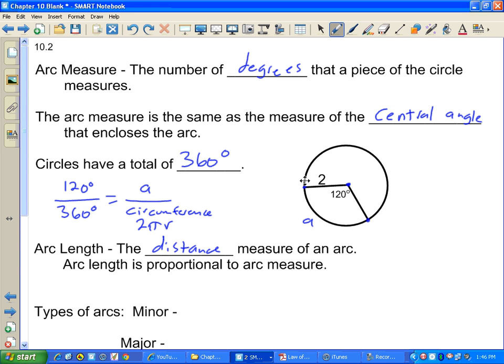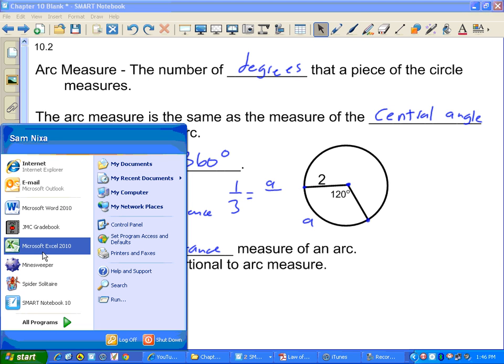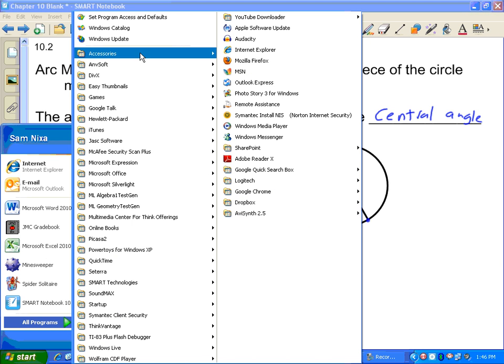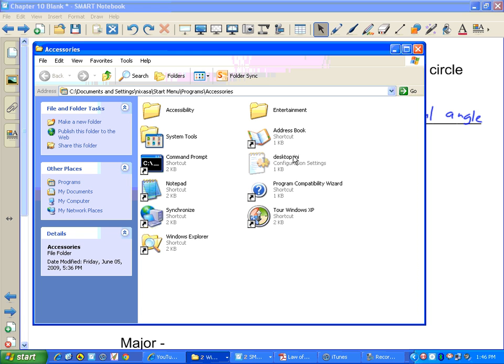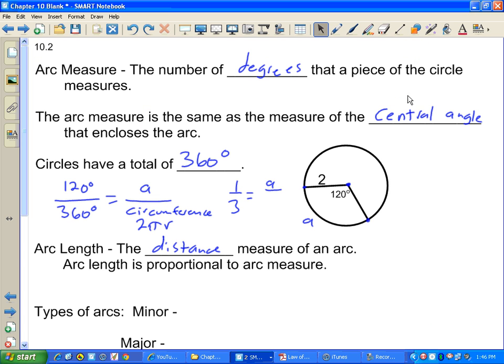So if I want to find out how long this is, I would take 120 over 360, which is 1/3, and set up a proportion with A over 2 pi r. Well, let's just quickly see what 2 pi r is. Hold on, I'll bring up the good calculator.